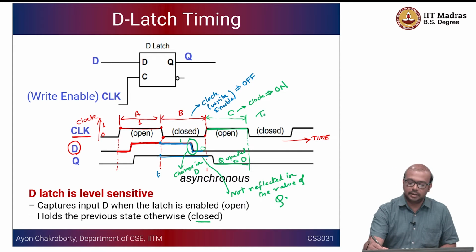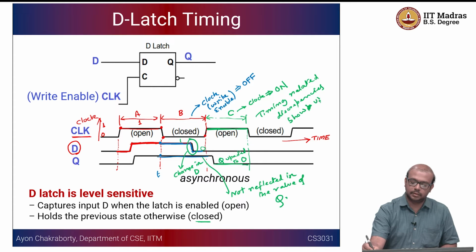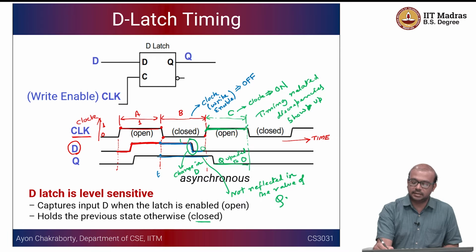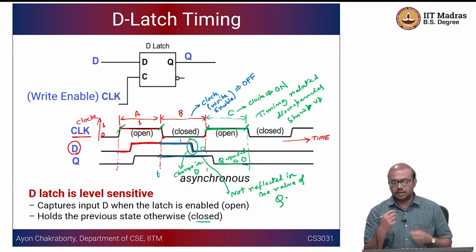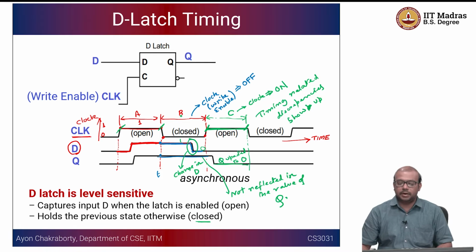So there are some timing related discrepancies that show up. Whatever is the length of the segment for C may not be exactly equal to the length of the segment of A, right? So whatever control input or whatever input you are passing is also supposed to change, and because of this asynchronicity, there are timing related issues that might happen.